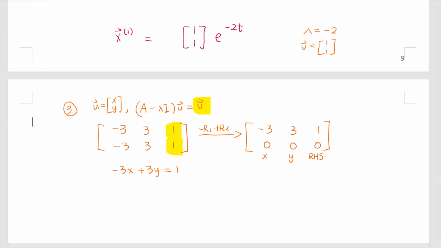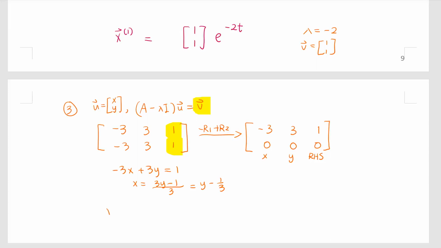So x is then, moving the -3 to the other side, 3y minus 1 divided by 3. So we get y minus 1 over 3. So far, so good, everybody?